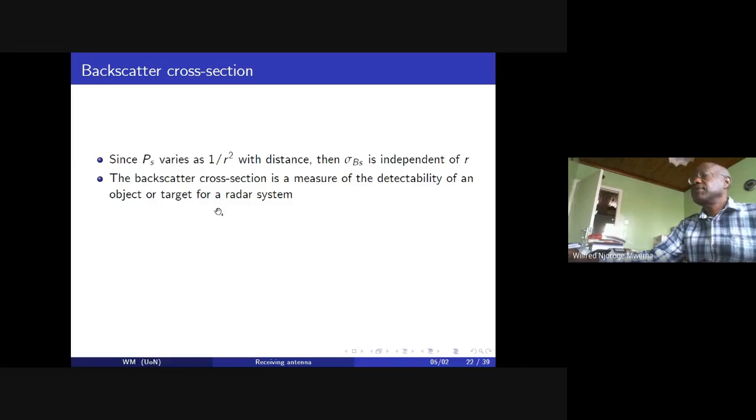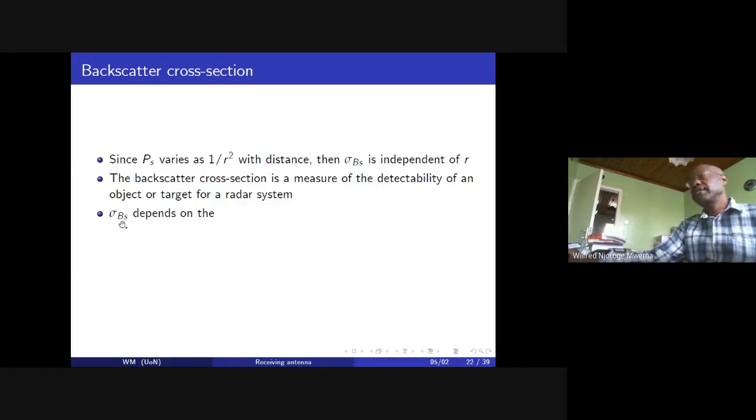The idea is that you make the object not have smooth surfaces, but rough surfaces with all angles, so that when you shine an electromagnetic wave on the object, it scatters that energy in all directions, such that the PS that you receive at the receiving antenna is so small that you won't know whether that plane is there or not, or it could be a bird or something like that. So the radar system will not be able to detect it as an enemy jet fighter, so to speak.